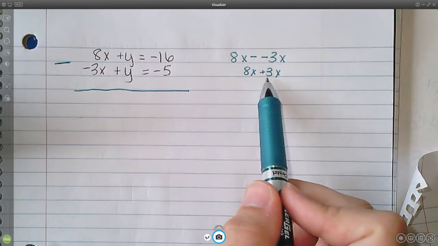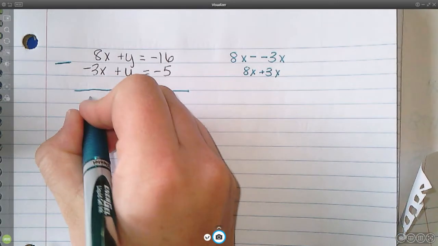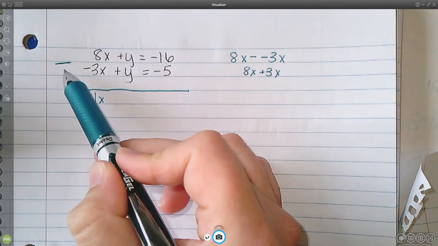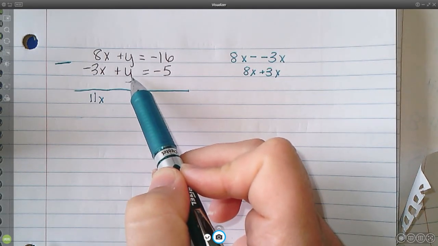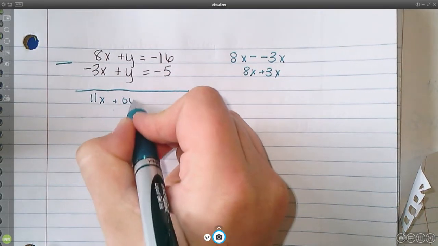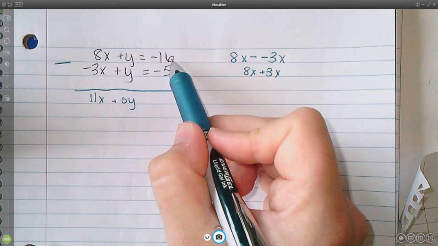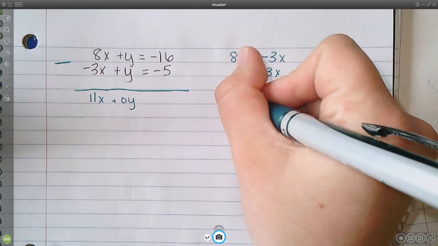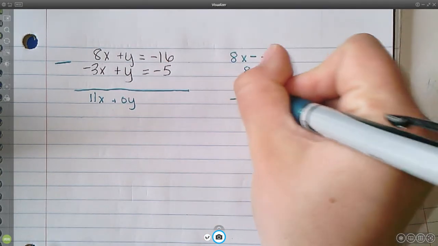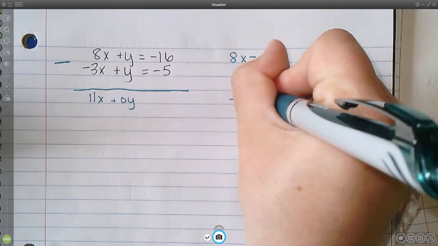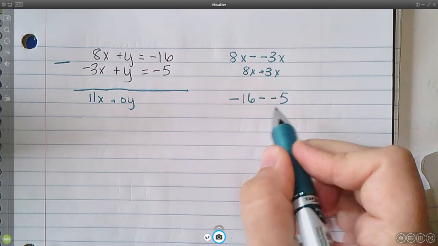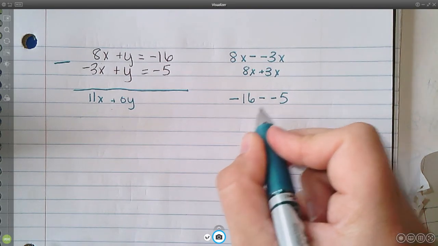So we have 8x plus 3x, so this is 11x. Then y minus y gives us 0y. Negative 16 minus a negative 5. Wow, that was a lot of negatives. Again, that's a double negative, so it becomes a positive.